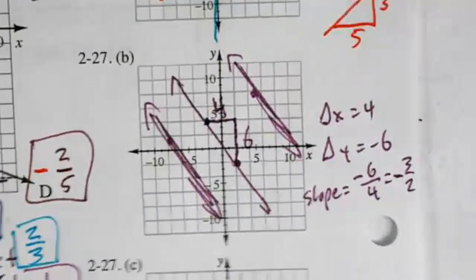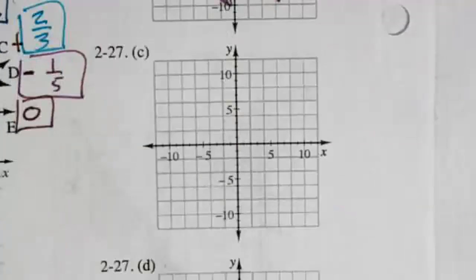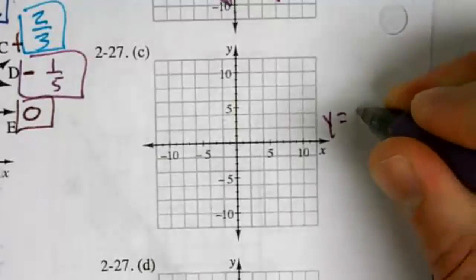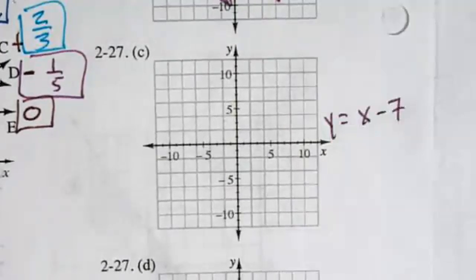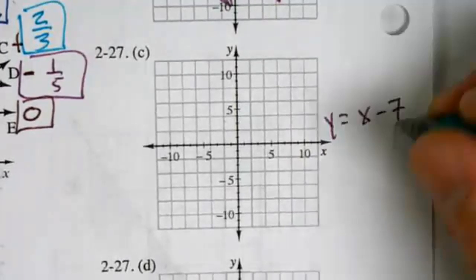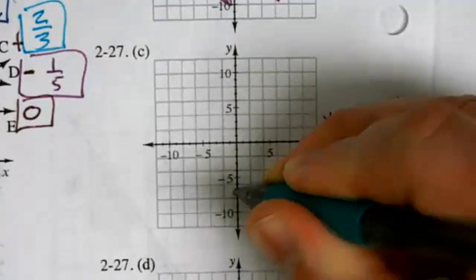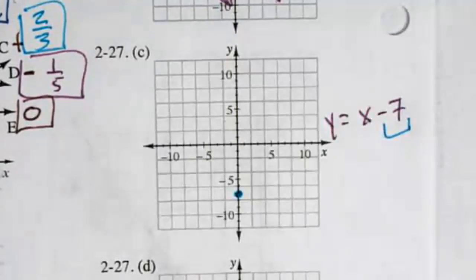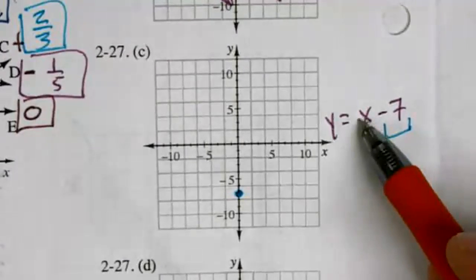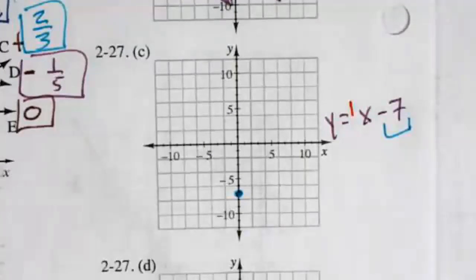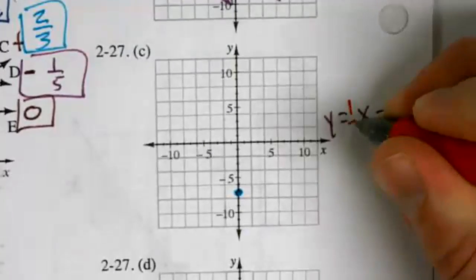All right, 27. They gave us an equation again here. This time we do have a starting value. We've got x minus 7. So we know that our starting value is at -7, so we can find 6, 7 and draw that first point there. But they did not give us a slope, or did they? What's the number that we're always allowed to put in front of a variable? 1. And if I change the 1 into a fraction, what would it look like? 1 over 1.